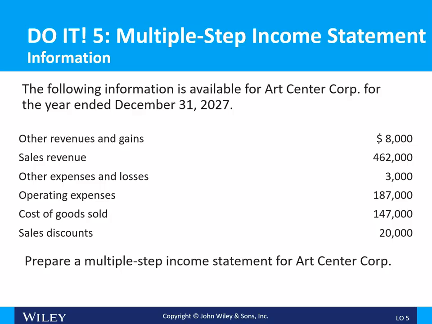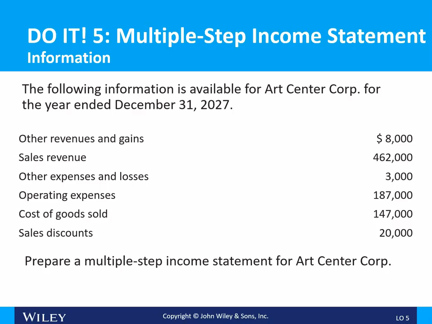We have other revenues and gains and other expenses and losses again as totals instead of listing the details within those. So when you see homework, you may have a similar problem, but with some of those listed. So you need to make sure you know how to classify the different expenses and accounts into those buckets.